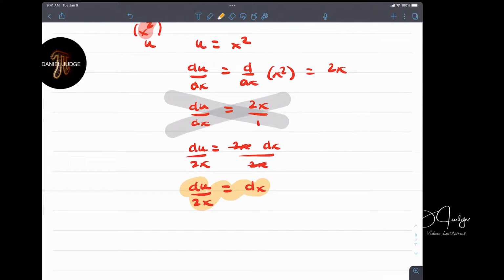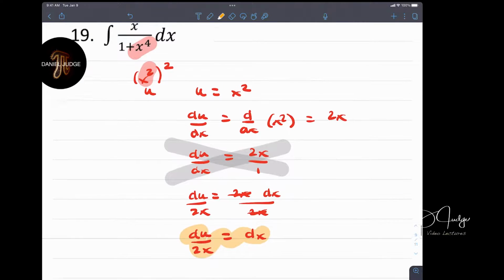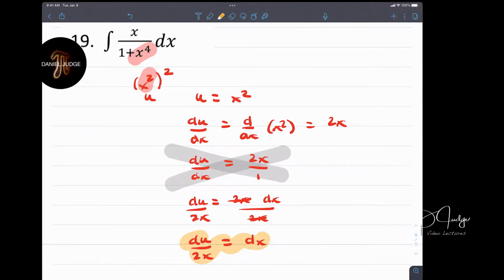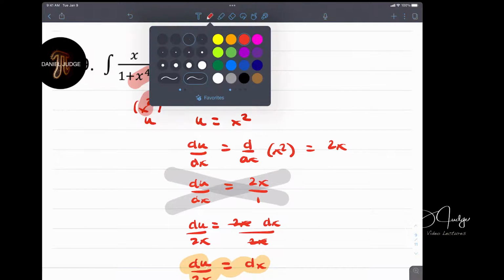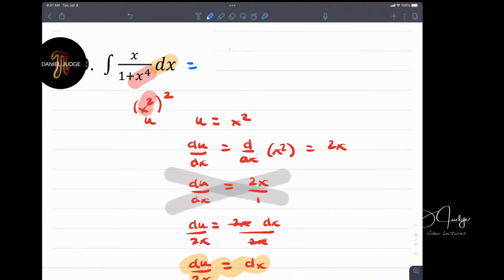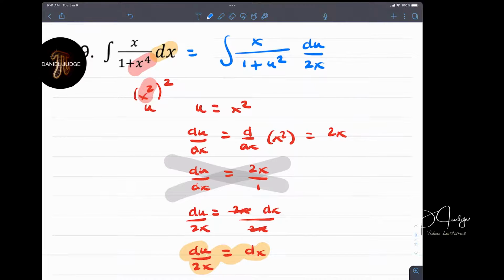There we go. So this is what we need for dx. It's du over 2x. Now that's going to go here, but don't forget, we already have the x on top. This is now 1 plus u squared, where dx again is du over the 2x, as we can see here. So we have cancellation, and now that's going to be a constant of a 2.